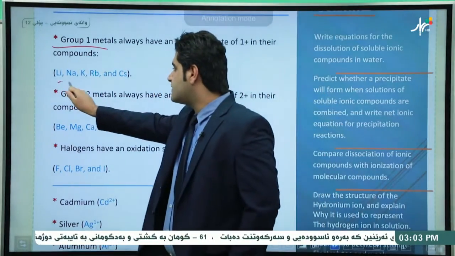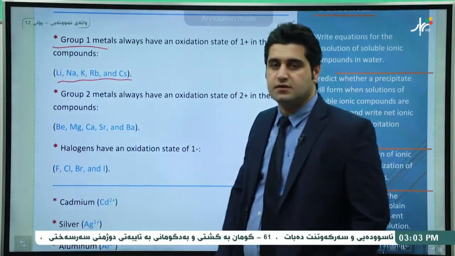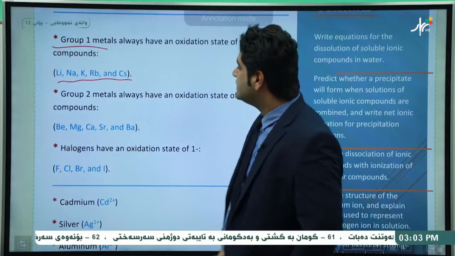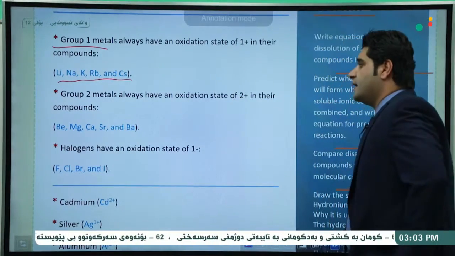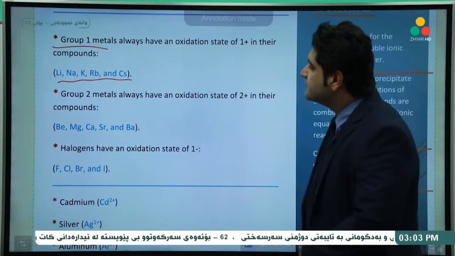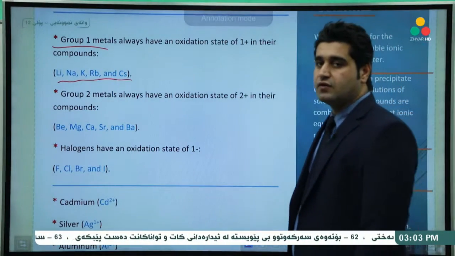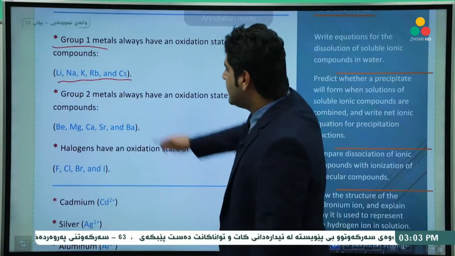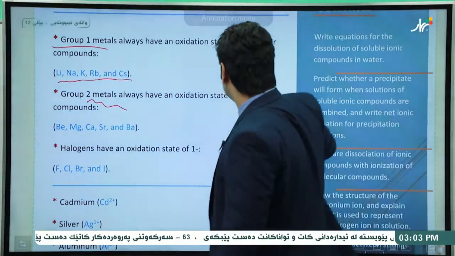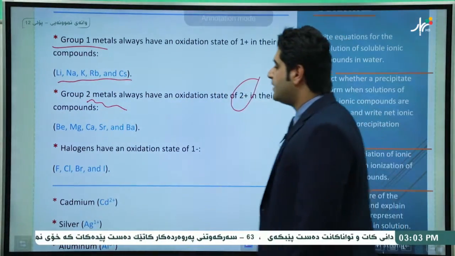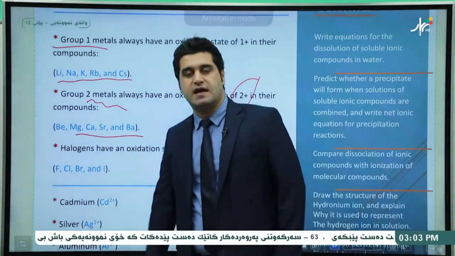Group 1 are lithium, sodium, potassium, rubidium, cesium, and also francium. But we didn't mention francium because it only persists in trace amounts, and we don't have applications of francium until now.